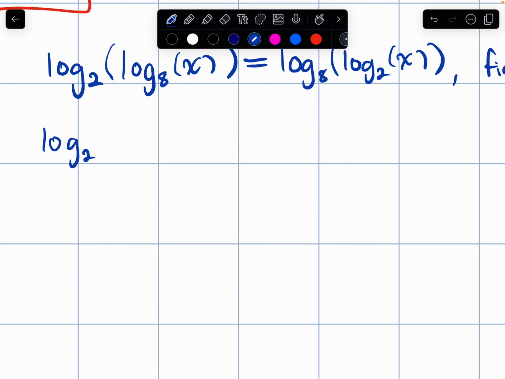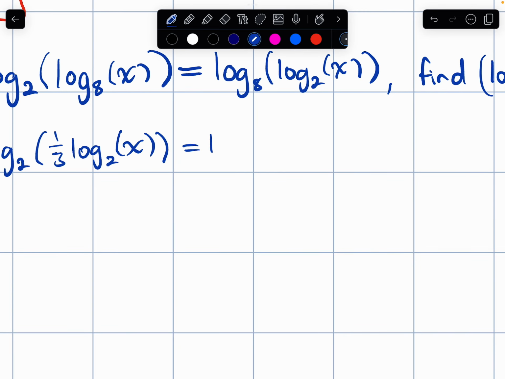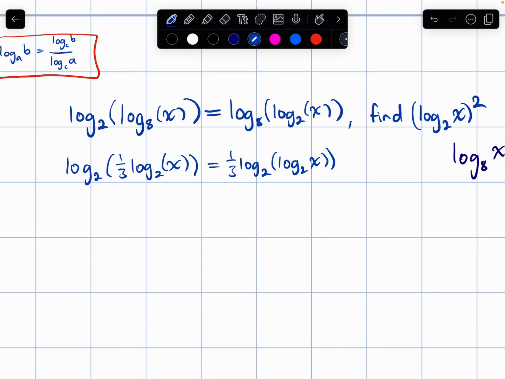Log 2. Now, what we can get from this is 3 times both sides.